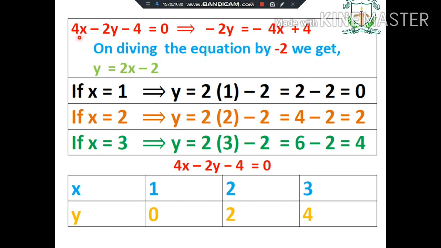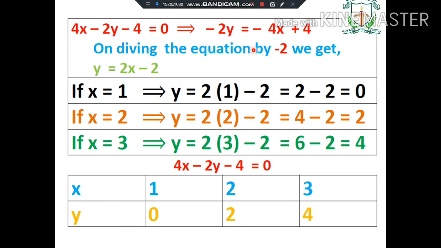Dear children, second equation is 4x minus 2y minus 4 is equal to 0. Keep minus 2y on the left hand side as it is. Take all the other terms, that is 4x and minus 4 to the right hand side. So 4x taken to the right hand side will become minus 4x and minus 4 will become plus 4. We have got here minus, and also 2 is common in all the terms.